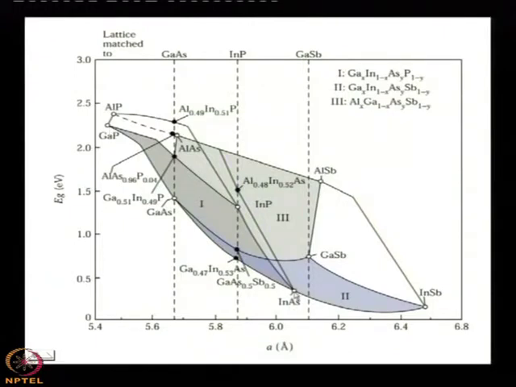Wide range of variation you can make. The band gap of gallium phosphide is 2.26, the band gap of indium arsenide is 0.47. So, from 0.47 to 2.26, huge variation theoretically is possible by changing the composition of X and Y.